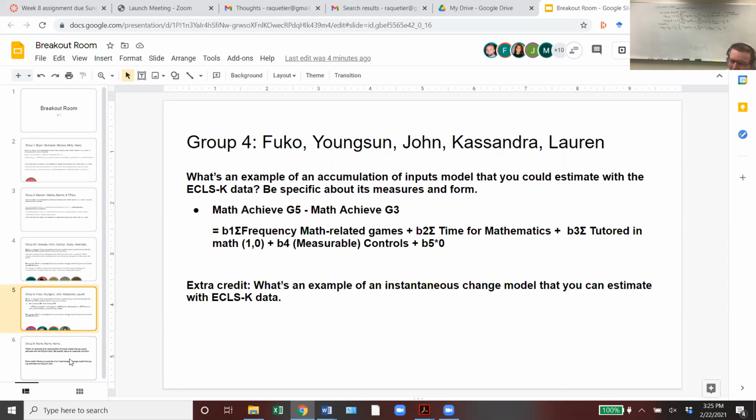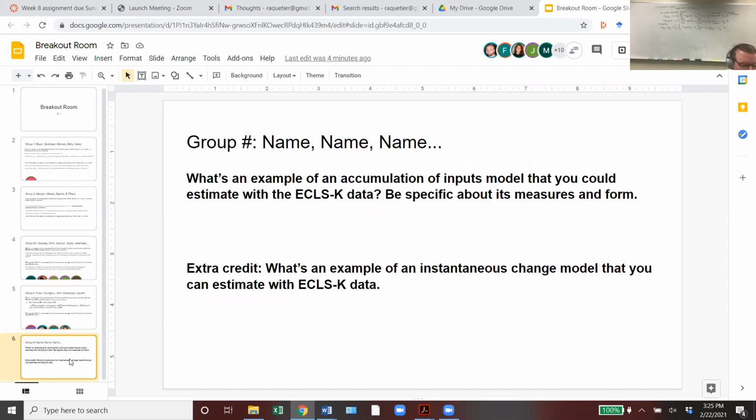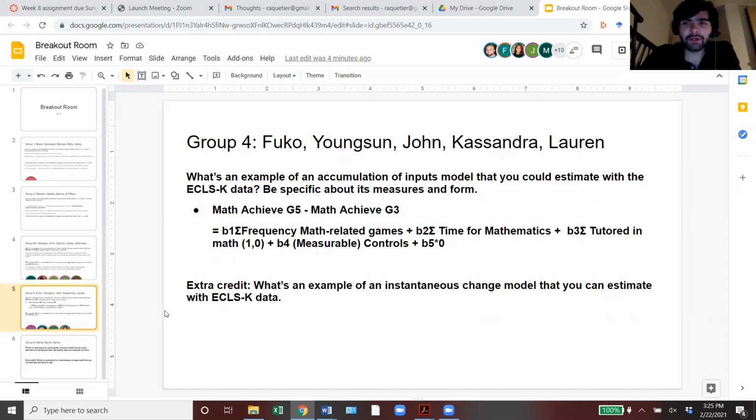Any other comments from this group? It was tough going through the data set. There was a lot to work with. Yeah, well, that's one of the challenges, to not get so tempted by all these variables. So, in thinking about a class paper, you could do worse than apply this kind of thinking to the class data set for estimating a simultaneous change, instantaneous change, or accumulation of inputs model.